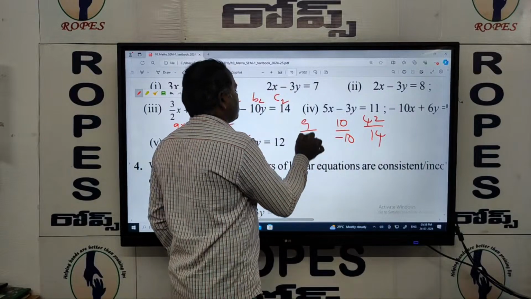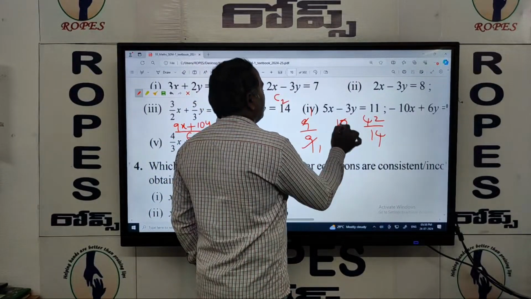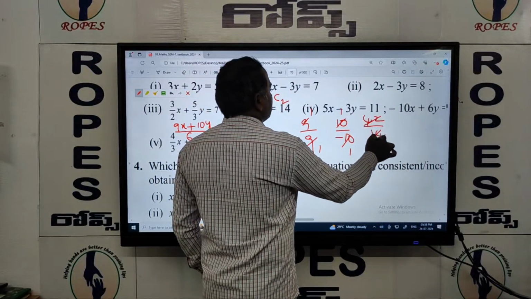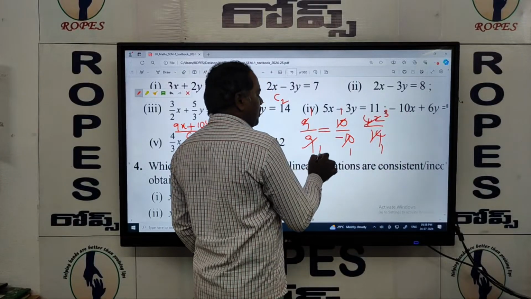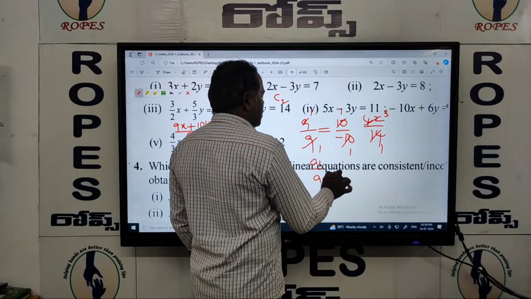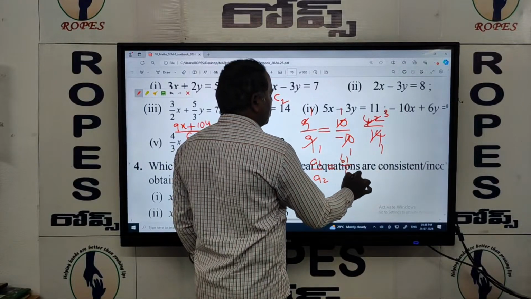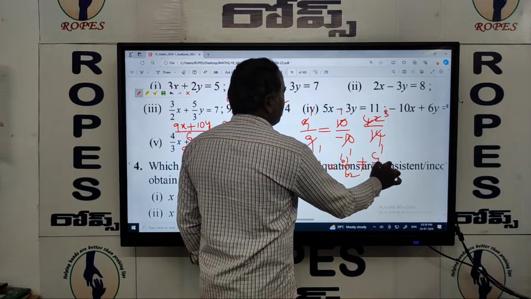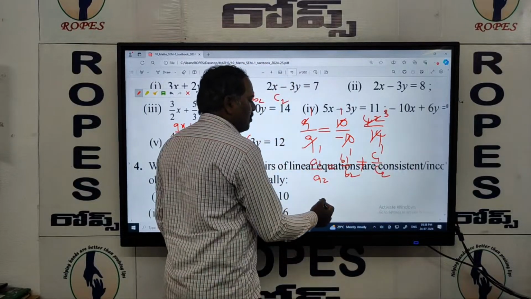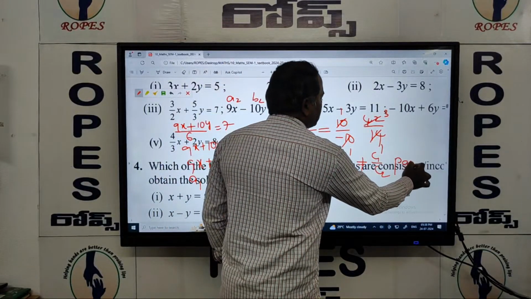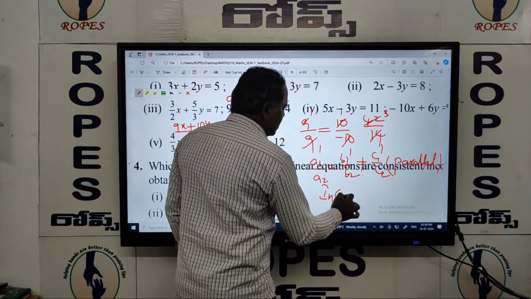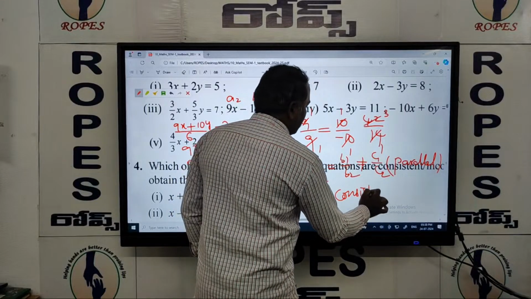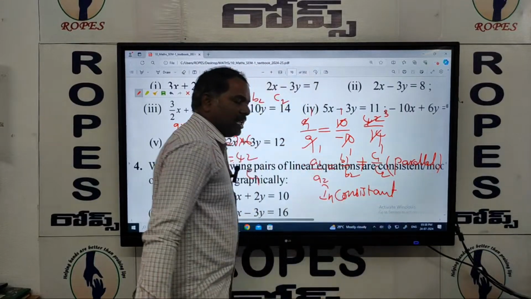If you observe this, we are getting 1, 1, and 14 3s are 42. So here we are getting A1 by A2 is equal to B1 by B2 is not equal to C1 by C2. Then the lines are parallel lines. So these are inconsistent lines.